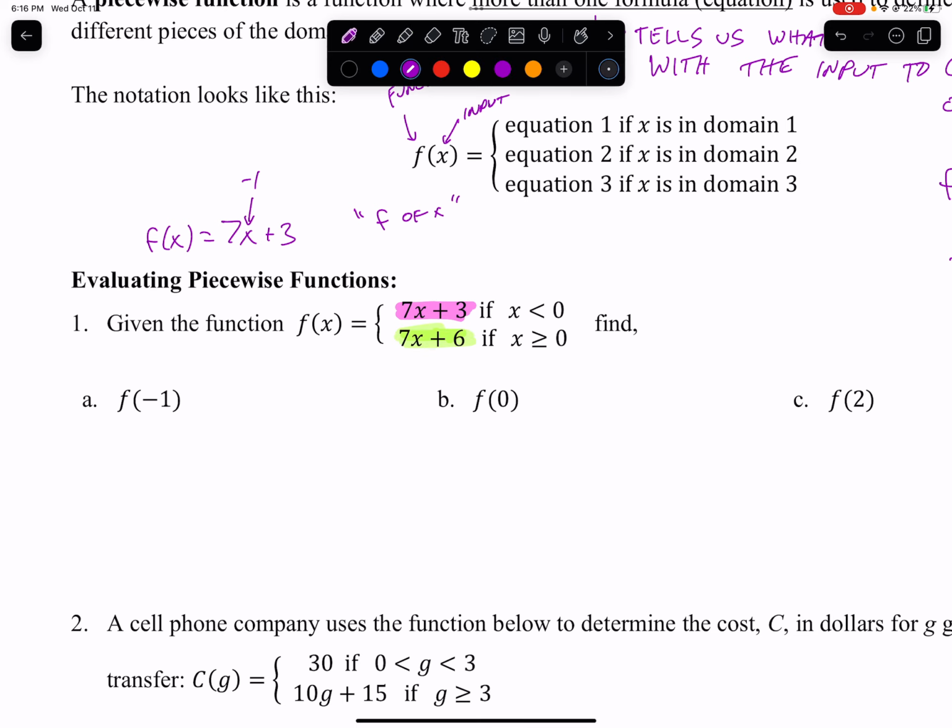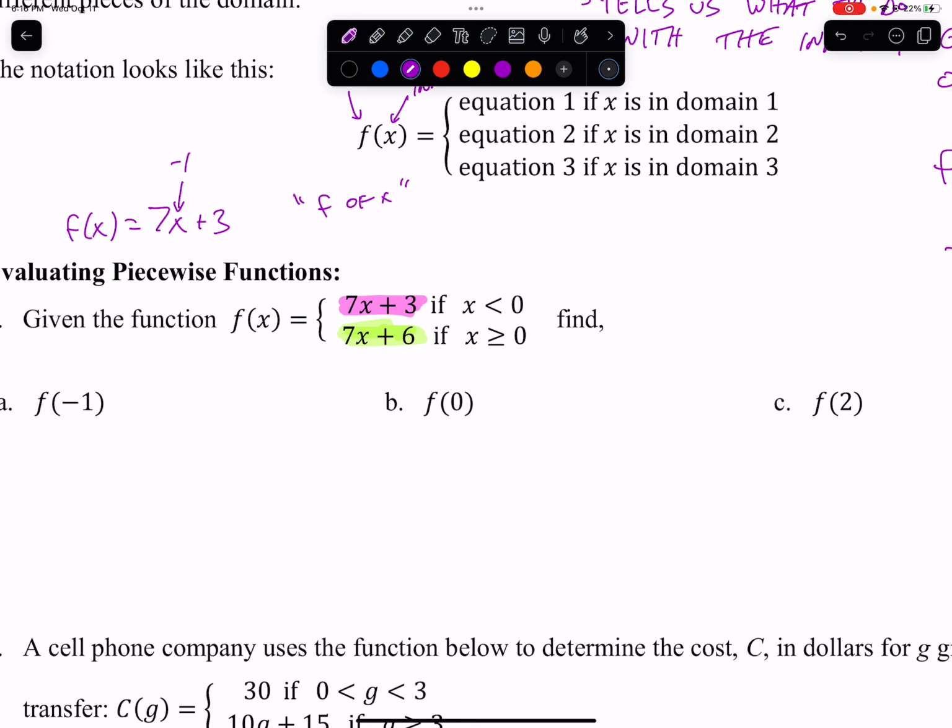How do you know which one to plug it into? Well, let's try to stay color-coded. So for this one, this part right here tells you use this piece of the function for x values less than 0.